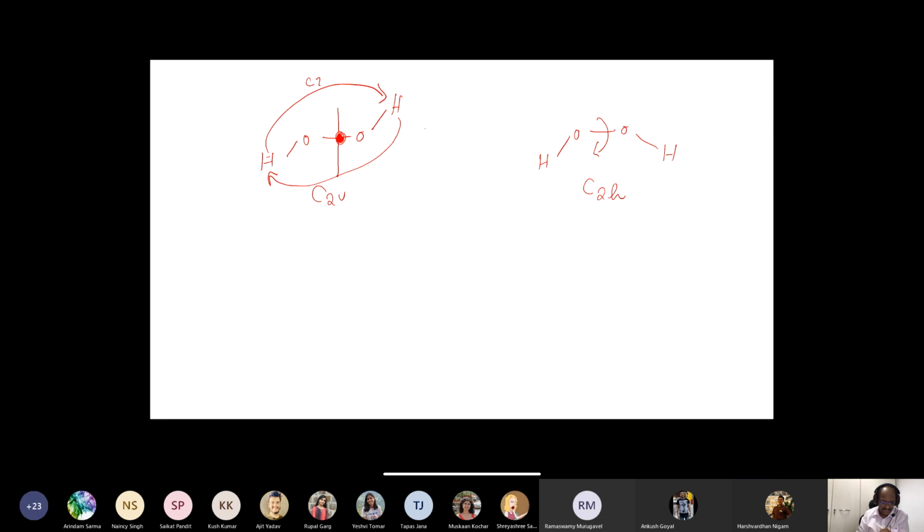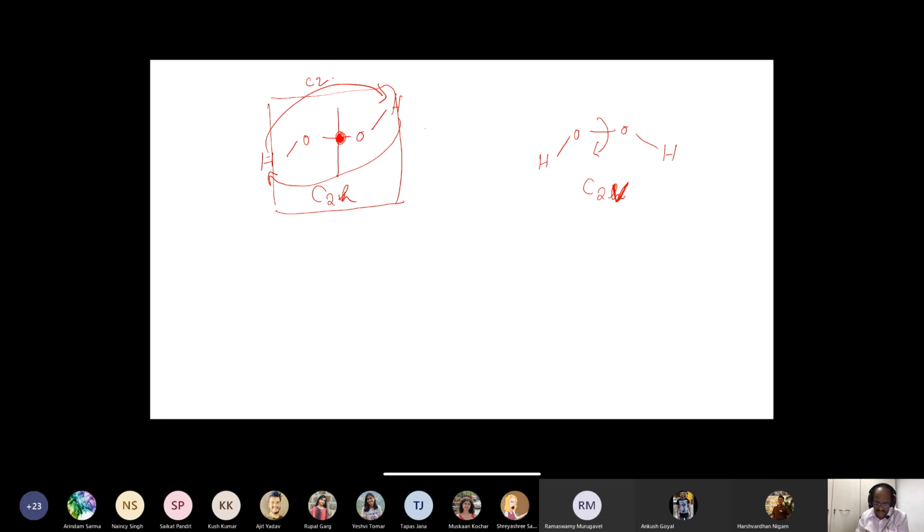This is C2H and this is C2V. That is C2, and it has a plane which is the plane of the board itself. I hope that point is clear.